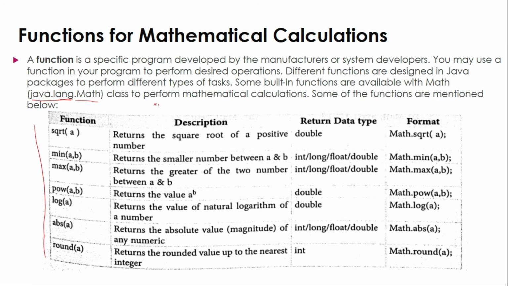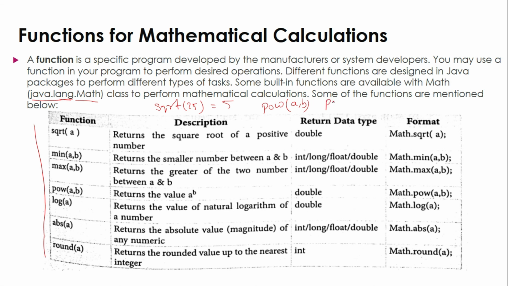That means if we write sqrt 25, it will return 5. Min(a, b) will compare two values and return the minimum value. Just opposite of it, max(a, b) will compare two values and return the maximum or greatest value.